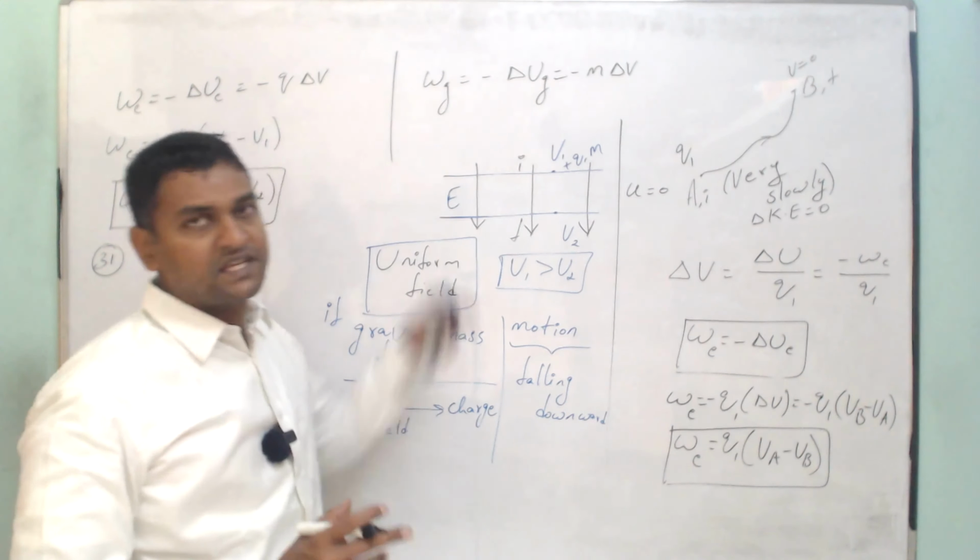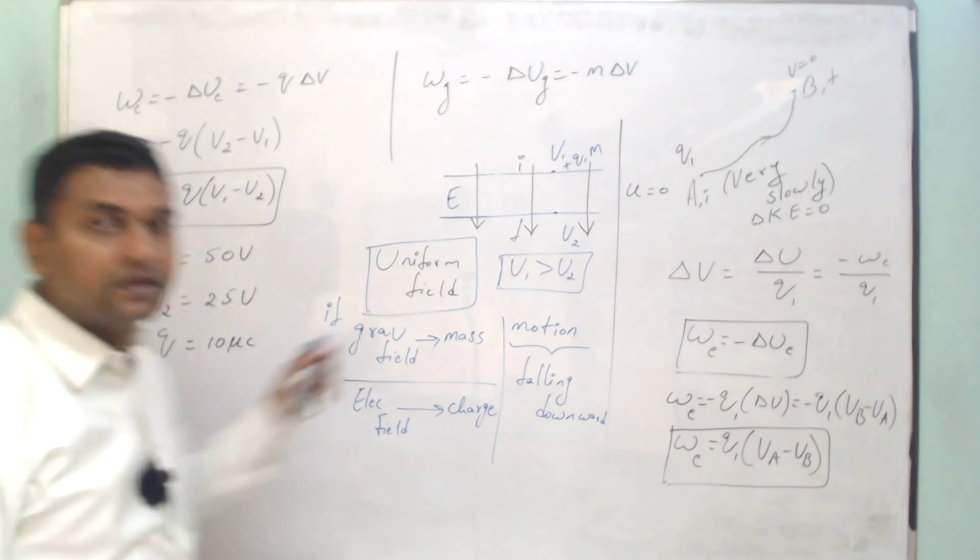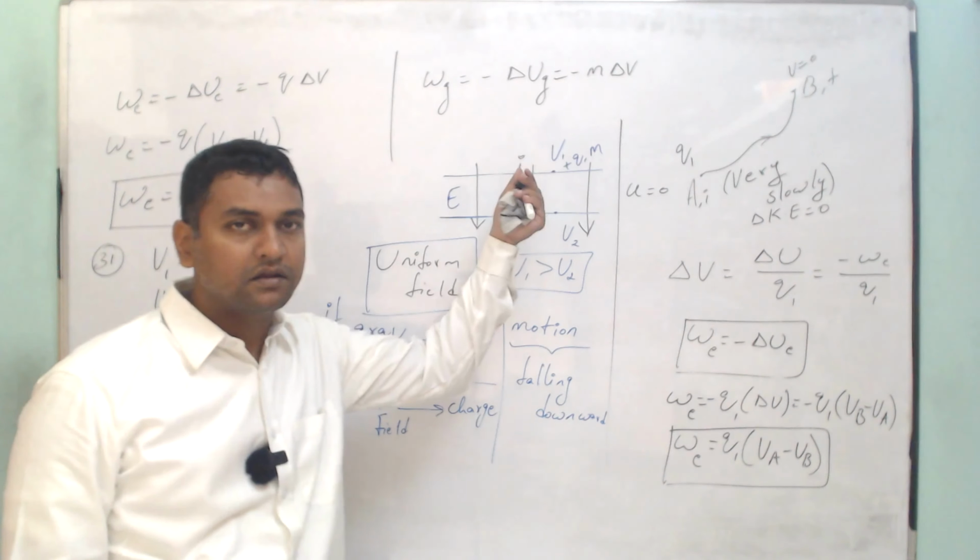That means above I'll have higher potential, below I'll have lower potential. Now if I place a point test charge of 10 microcoulomb anywhere, let us say 0.1, it will fall down. So the work done by the electrostatic force. By the way, if I place the point test charge, is the electrostatic force doing the work or is there an external agent doing the work?